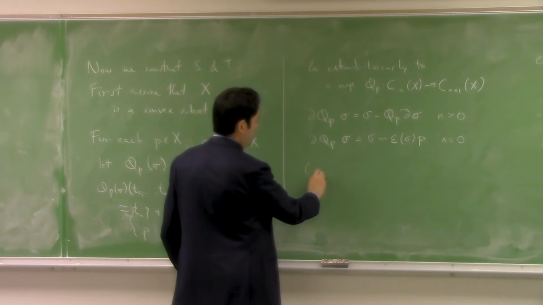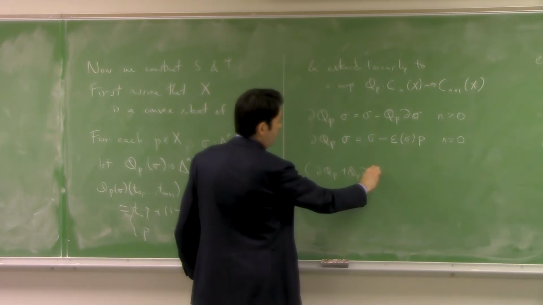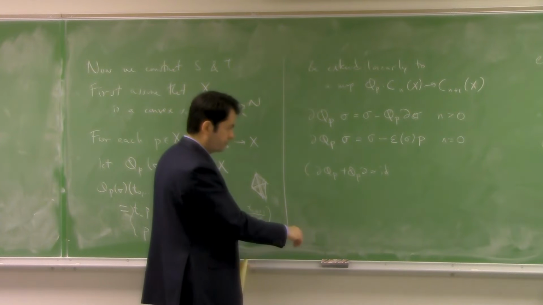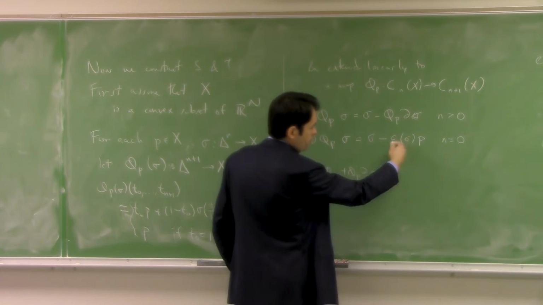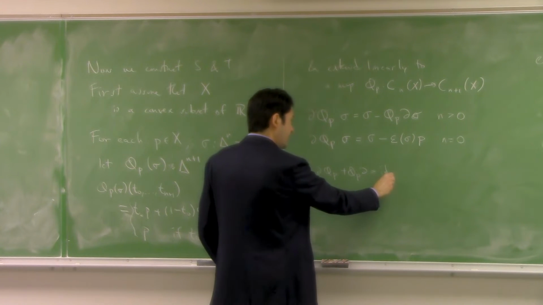So in particular, this does give us boundary Q_P plus Q_P boundary is equal to the identity. You know, for the augmented complex, something similar in degree 0.